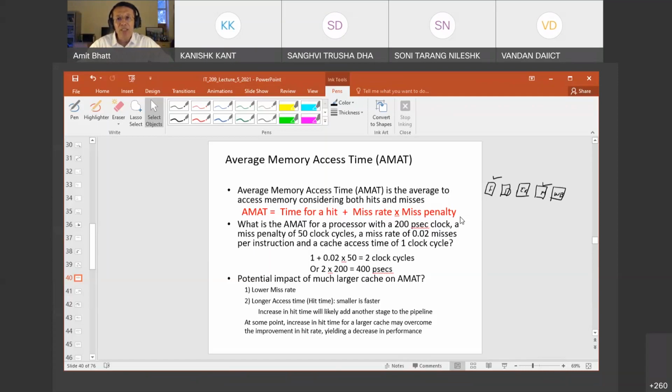But in that particular case, what we have not yet considered, and which we'll be discussing in the next couple of lectures, is that cache coherence is very important. Say that initially a block is written in your hard drive. That block comes to your main memory, and then it is taken to your L3, L2, and then finally L1. So there is a copy of a block right from your hard drive to the L1 cache if it has been used.